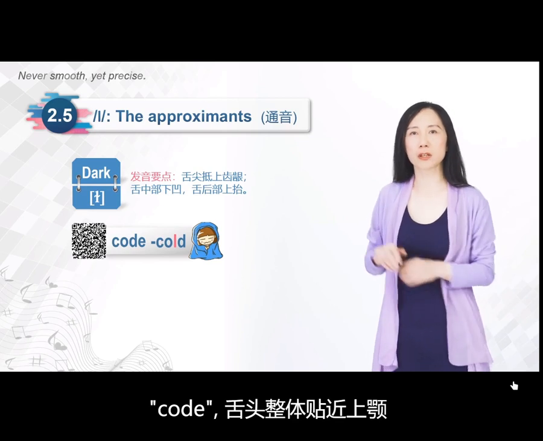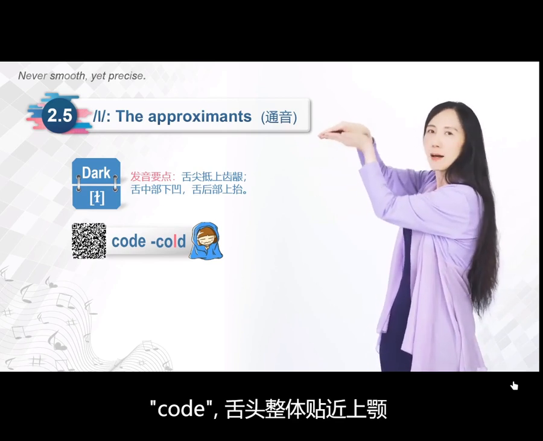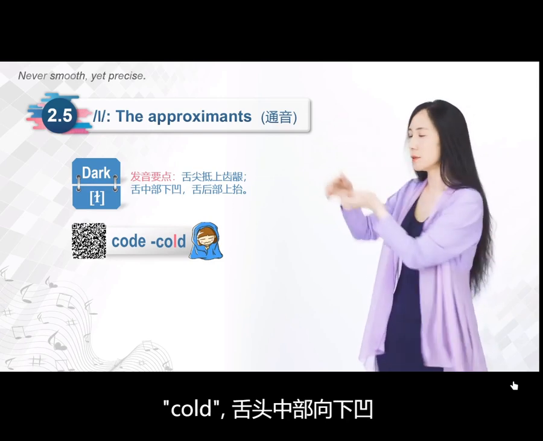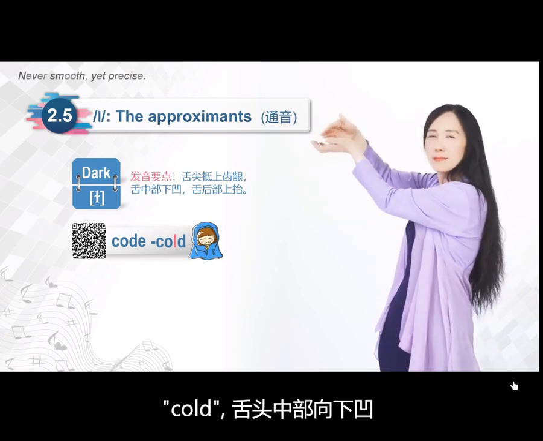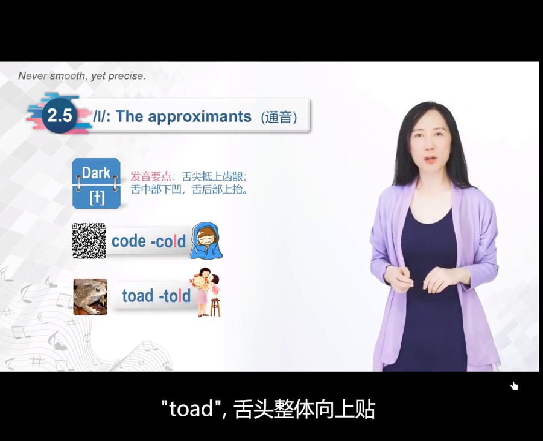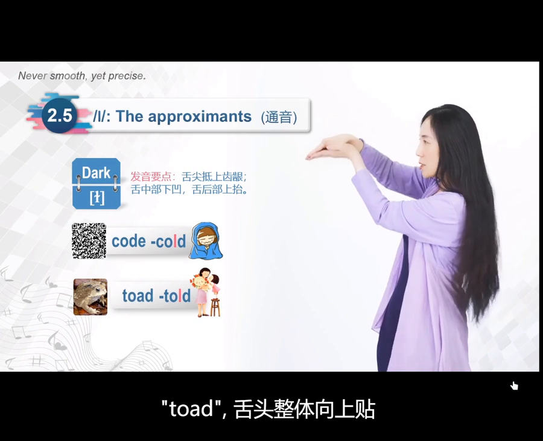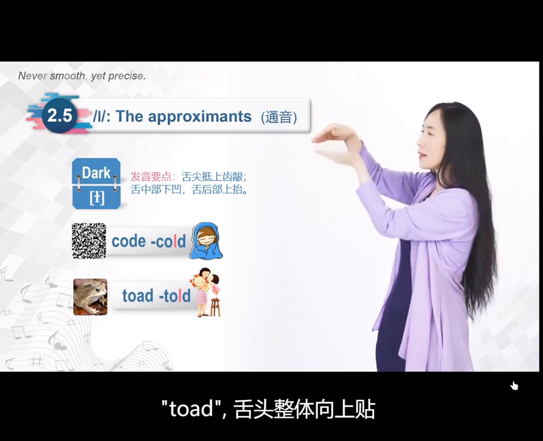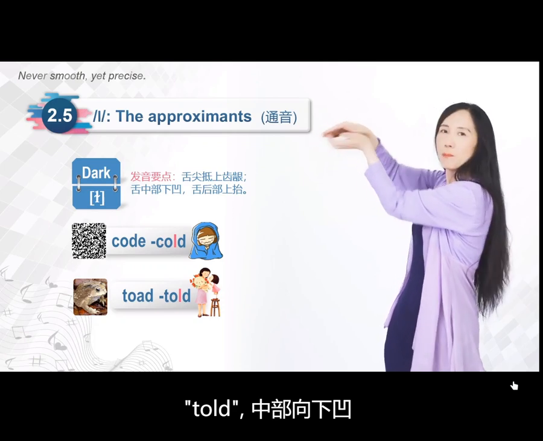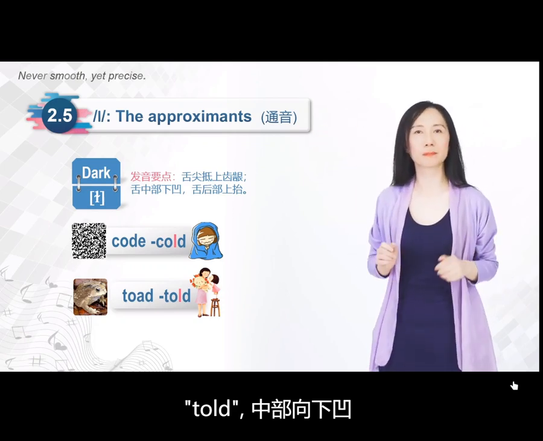Coat. 舌头整体向上颚贴 but cold. 舌头中部向下凹。Toad. 舌头整体 toad 向上贴 but told. 中部向下凹 told.